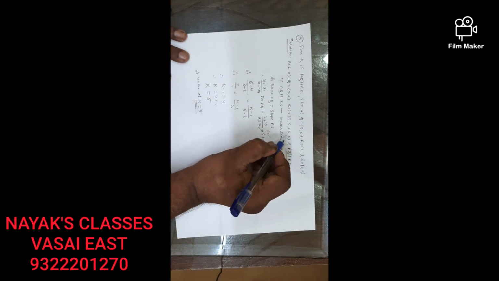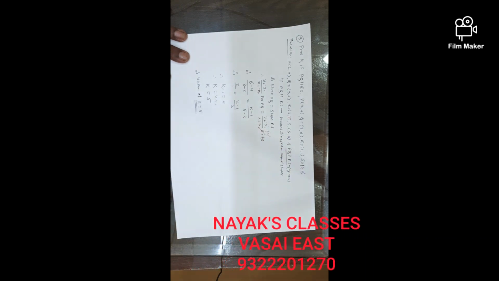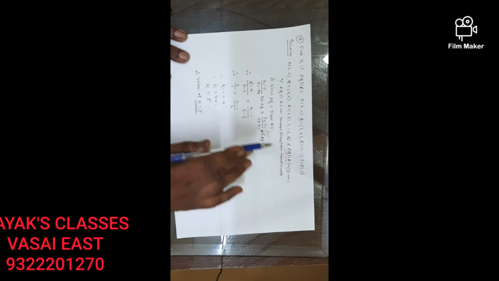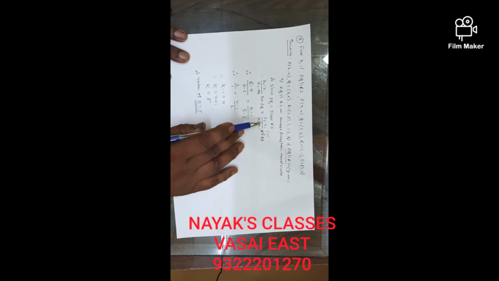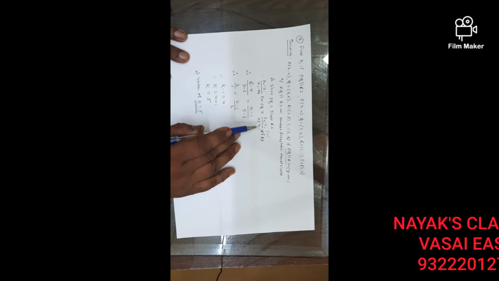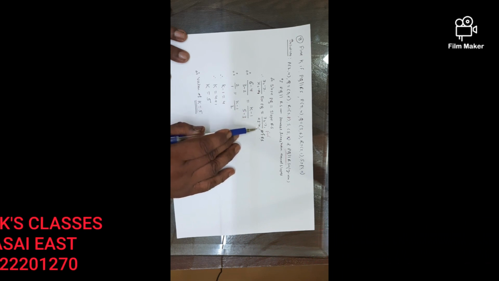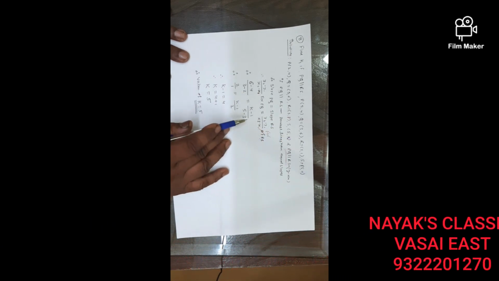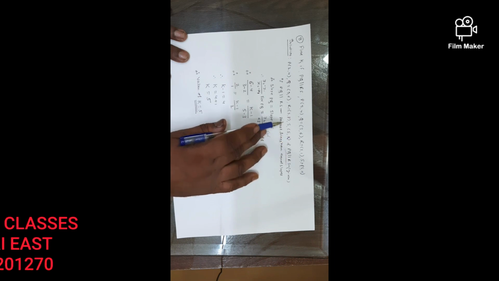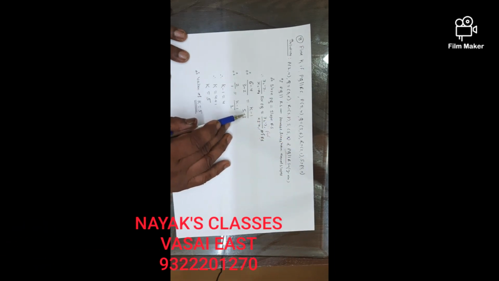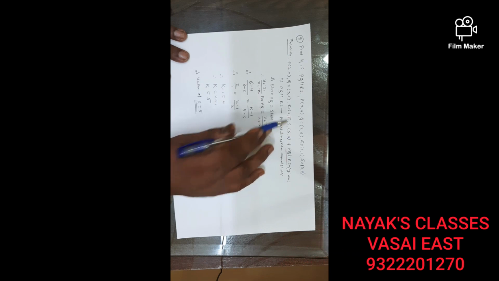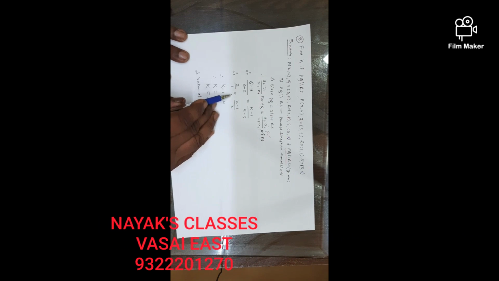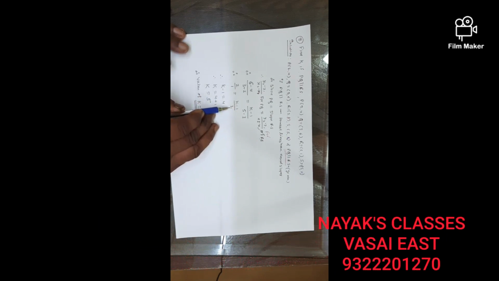The coordinates of S are 5 and k. So for RS, it is y2 minus y1 upon x2 minus x1, so it will be k minus 1 upon 5 minus 3. And then after solving this, we got 2 upon 1 is equal to (k minus 1) upon 2.